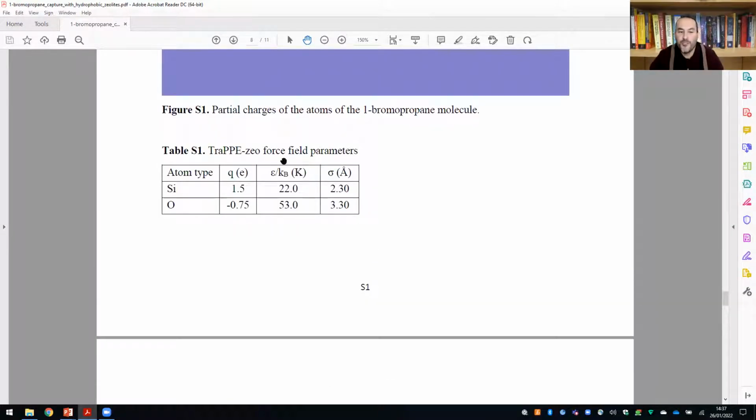This is basically a force field developed for zeolite structures, so these parameters were already in place. I took these from the literature. This force field was used by many researchers to model adsorption in zeolites.